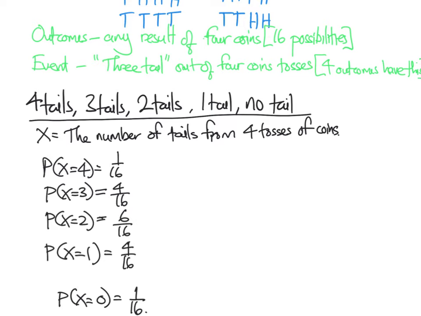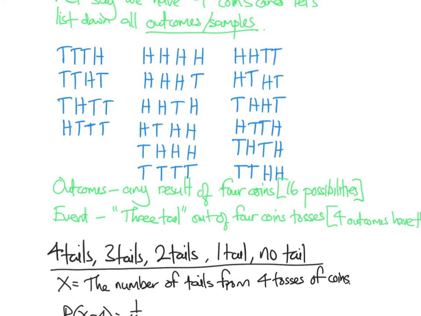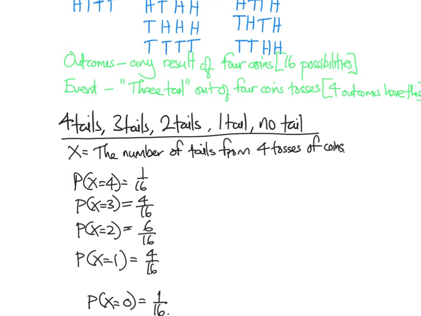Now I want to find out the probability of getting 4 tails. If you look at it from the sample space, if you list it down as well, to get 4 tails it's 1 over 16, which is tail, tail, tail, tail.